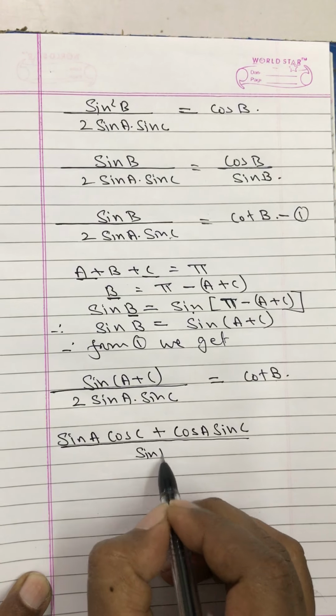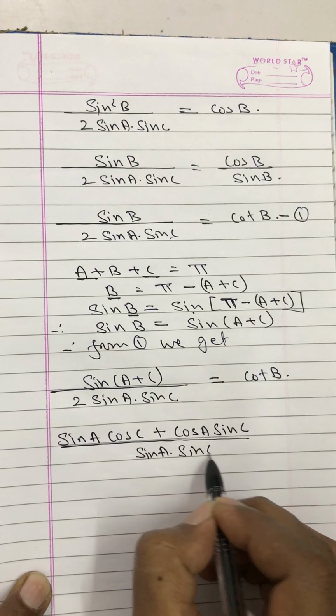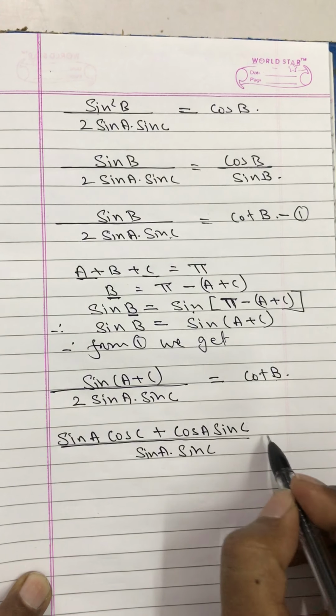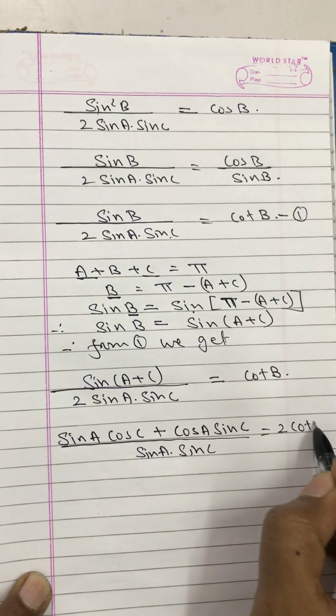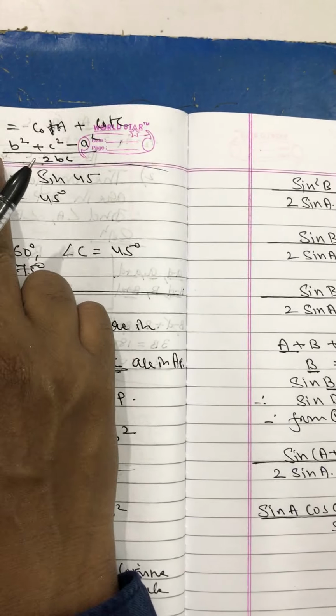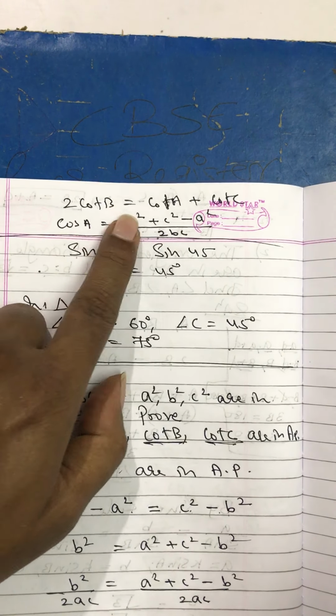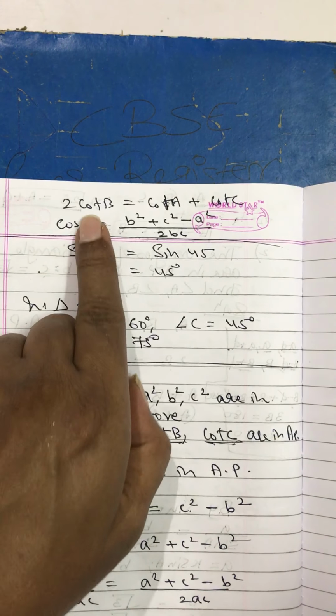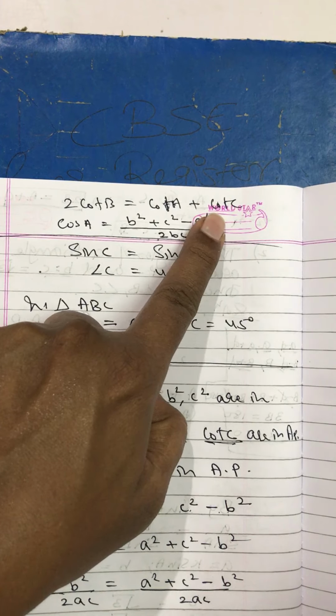See my dear students, now I can foresee that I can get rid of sin A and everything. As it is we had decided we require 2 cot B is equal to cot A plus cot C.